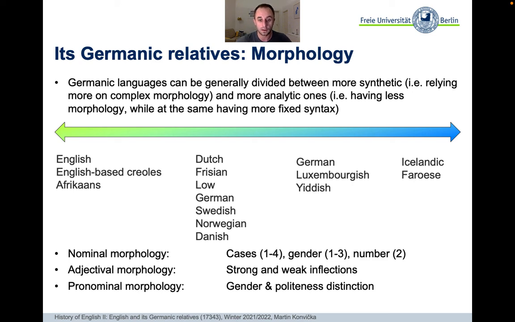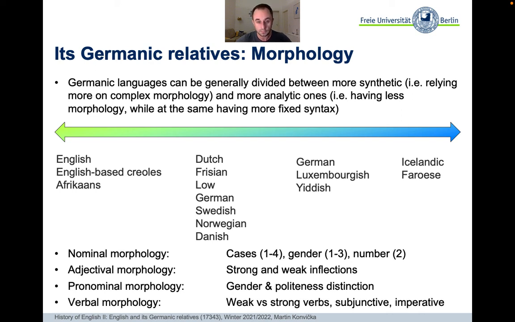So how are gender and politeness distinctions, for example, marked on pronouns? And lastly, verbal morphology, how morphology affects the verbs of a language. So we know, for example, the distinction between weak and strong verbs, between different moods of verbs, subjunctive, imperative, and so forth.